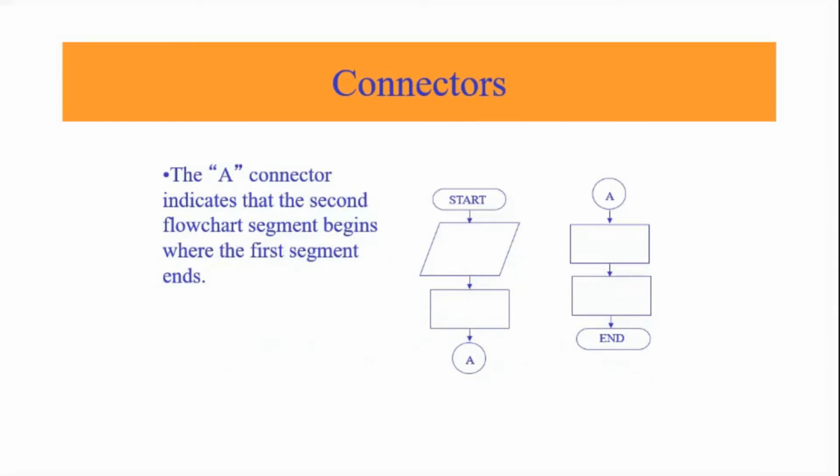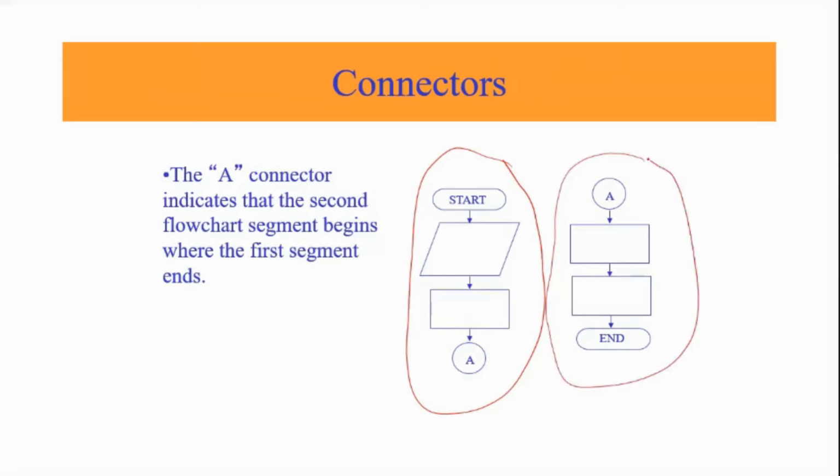Now, there is another component available in the flowchart that is mainly used in the case of large flowcharts. That is the connector. A connector indicates that a second flowchart segment begins where the first ends. That is, this is a flowchart segment, and because of time limitations, we could not draw this part of the flowchart here below this one.